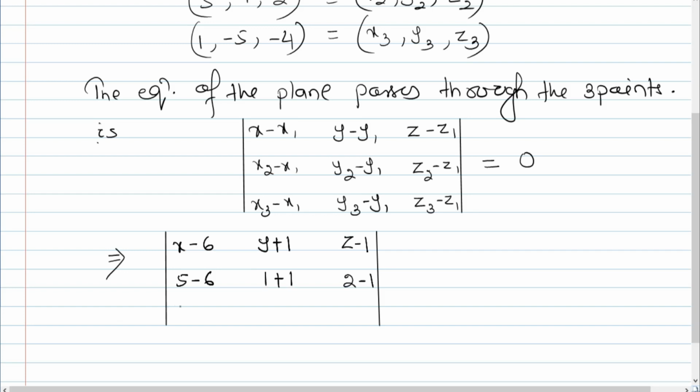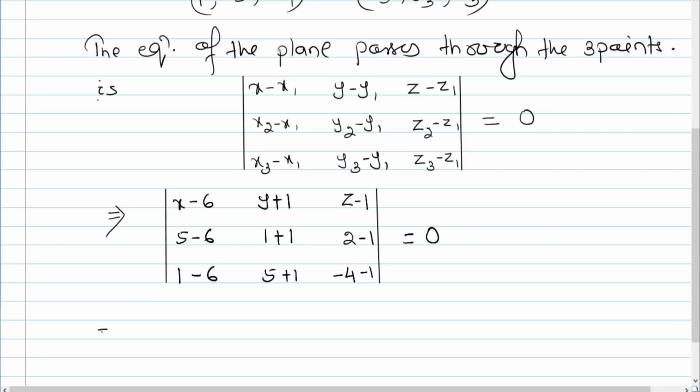And third row is 1 minus 6, minus 5 and minus 4 minus 1 is equal to 0. Okay, so you can evaluate this one by expanding, that is x minus 6, y plus 1 and z minus 1, first row. Second row is minus 1, 2, 1.